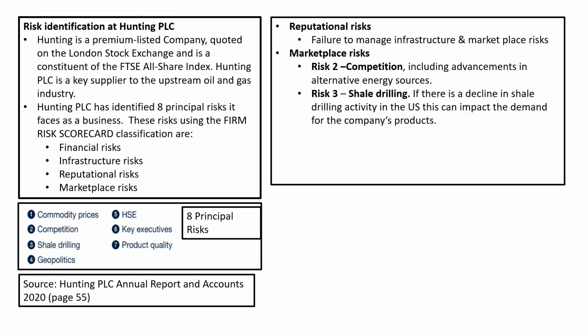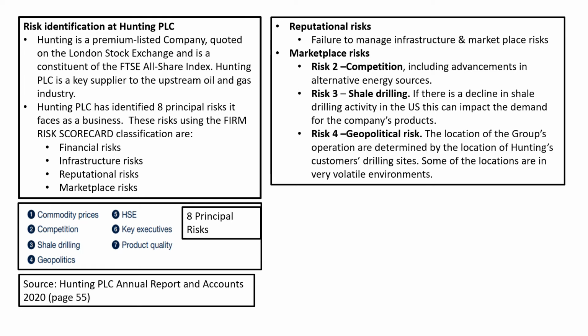Risk 3, shale drilling in the United States. If there is a decline in shale drilling activity in the United States, this can impact the demand for the company's products. And finally, risk 4, geopolitical risk. The location of the group's operations are determined by the location of Hunting's customers' drilling sites, and some of the locations are in very volatile environments.